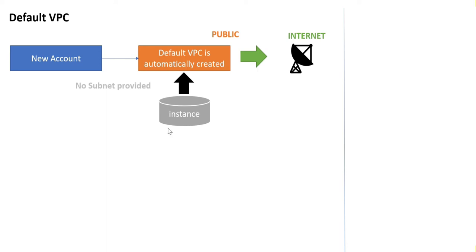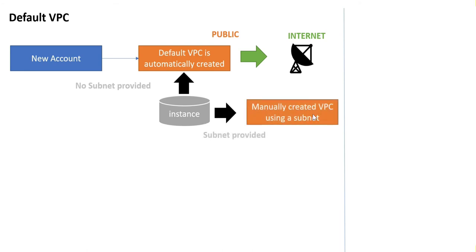If you are providing a subnet, the instance will be created in that VPC. So you can create your own VPC instead of the default VPC and provide that VPC a subnet. Then you can give that subnet ID to your instance and it will get created inside your own VPC that you created. Okay, so that is very important.